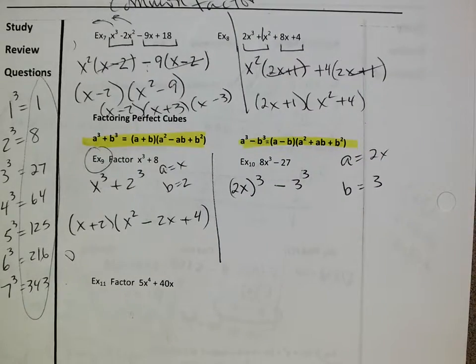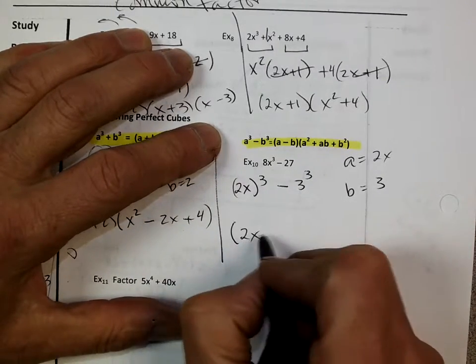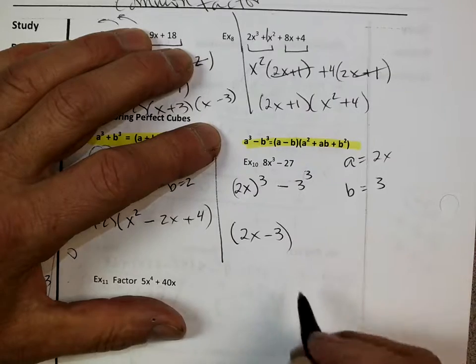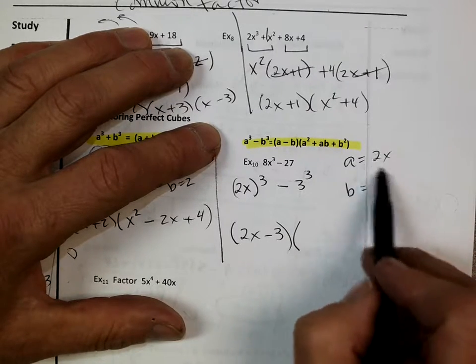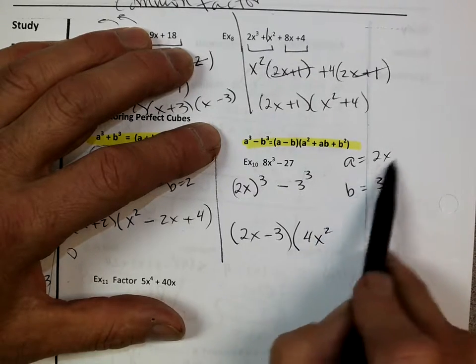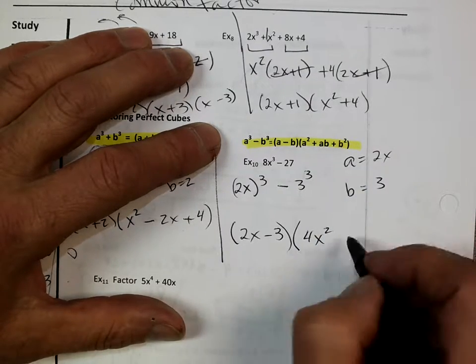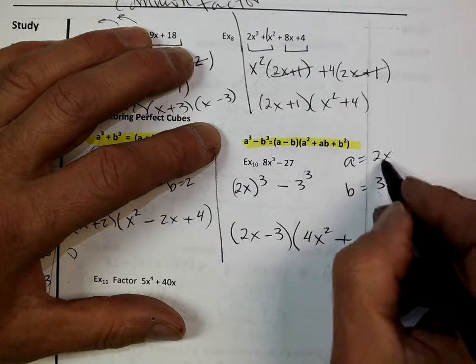So here's our formula. I'm going to go parentheses 2x minus 3, parentheses. I'm going to square the 2x, which gives me a 4x squared, plus 6x. Do you see the 6x?